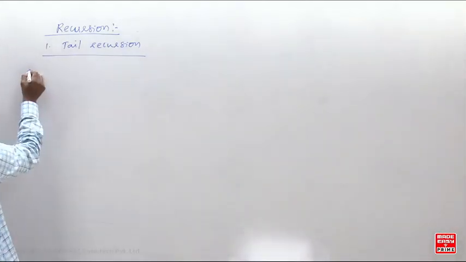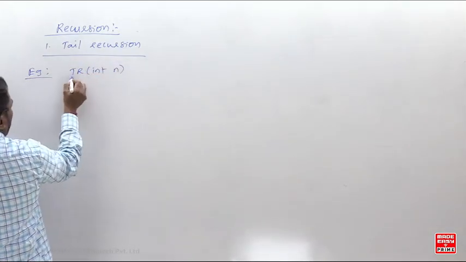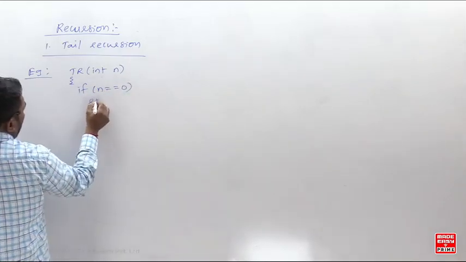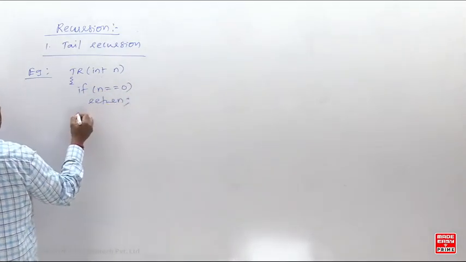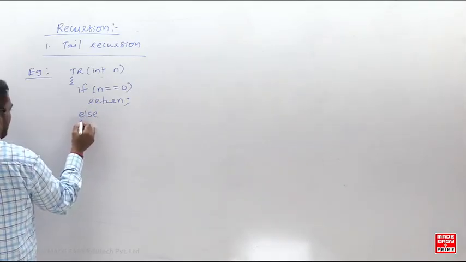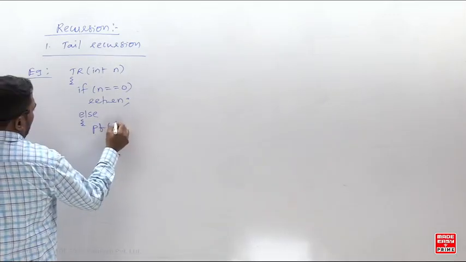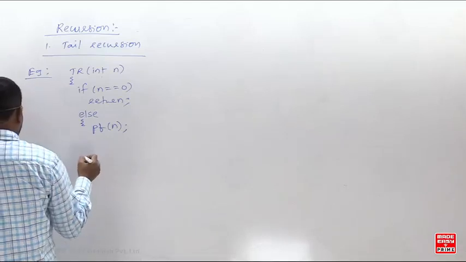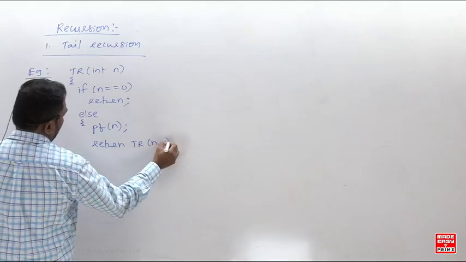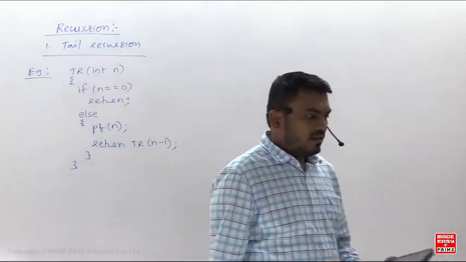So let's see the example. Copy this: tail recursion of integer n. If n equal to 0, return, else printf n, return tail recursion of n minus 1.